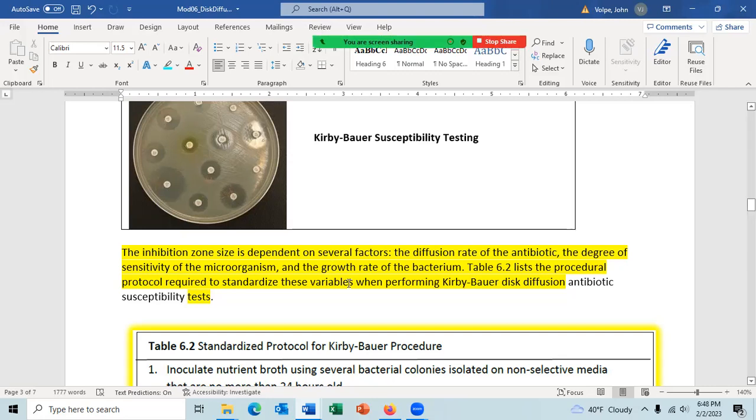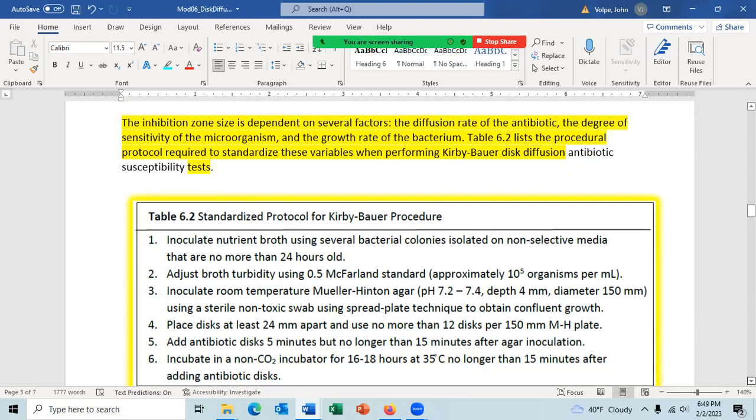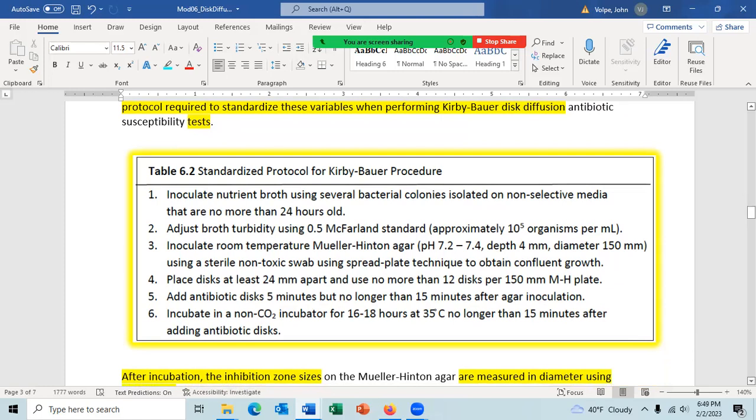Because of all these variables that can affect the zone of inhibition when performing the Kirby-Bauer disc diffusion test, we standardize the procedures we use. First, we inoculate nutrient broth from several bacteria colonies that are isolated on a non-selective media.